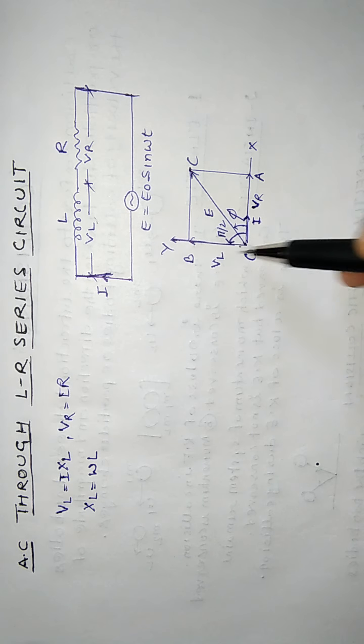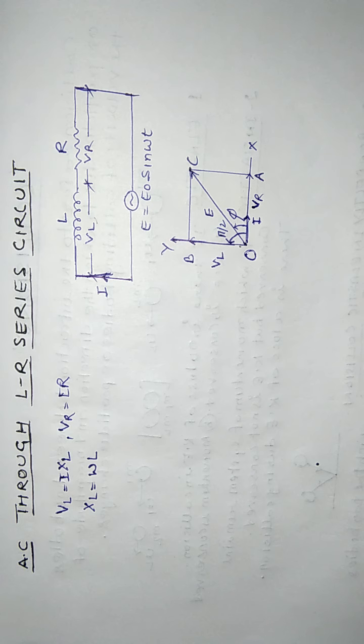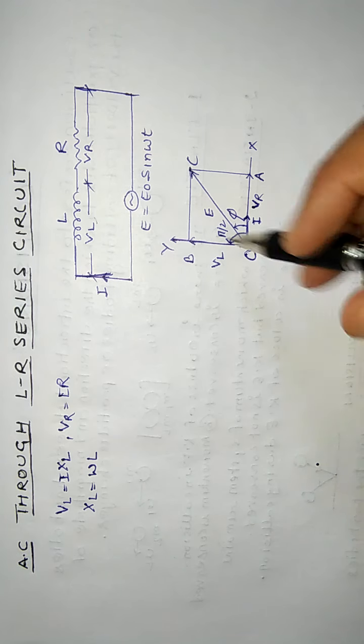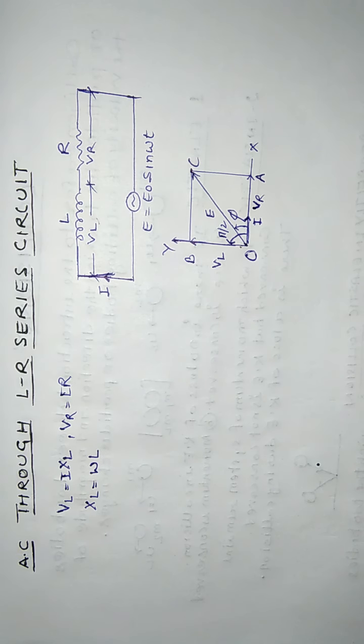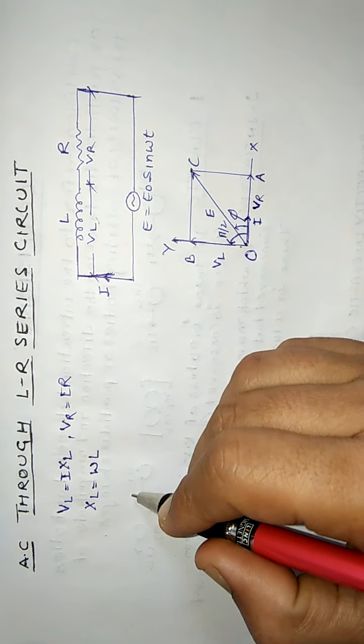If OA and OB represent the magnitude of phasors VR and VL respectively, then OC, the resultant of OA and OB, represents E, and this can be calculated.